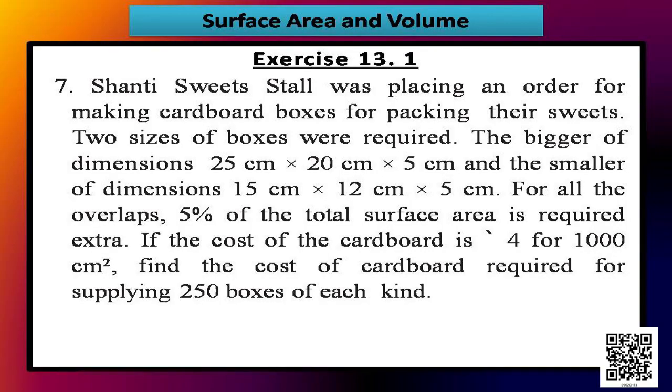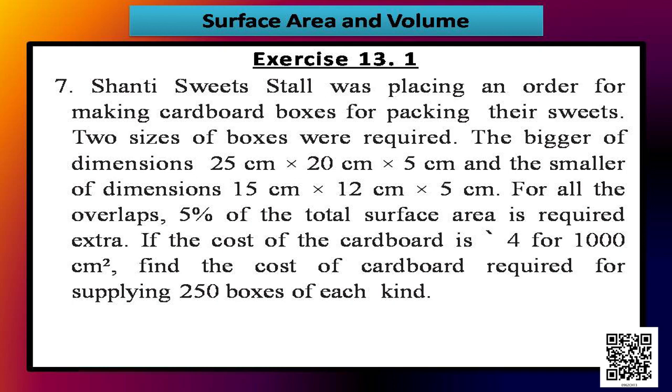It says, Shanti Sweets stall was placing an order for making cardboard boxes for packing their sweets. Two sizes of boxes were required. The bigger of dimensions 25 cm into 20 cm into 5 cm and the smaller of dimensions 15 cm into 12 cm into 5 cm.